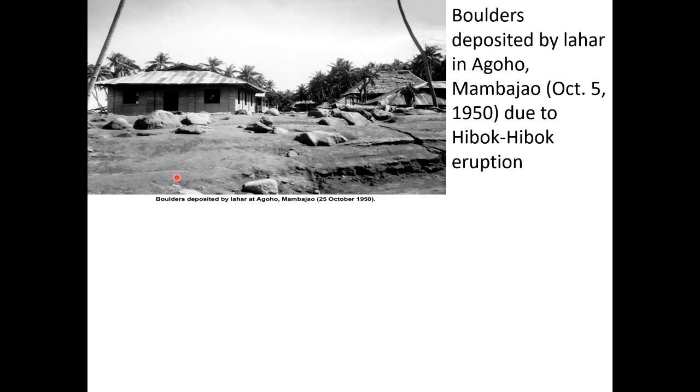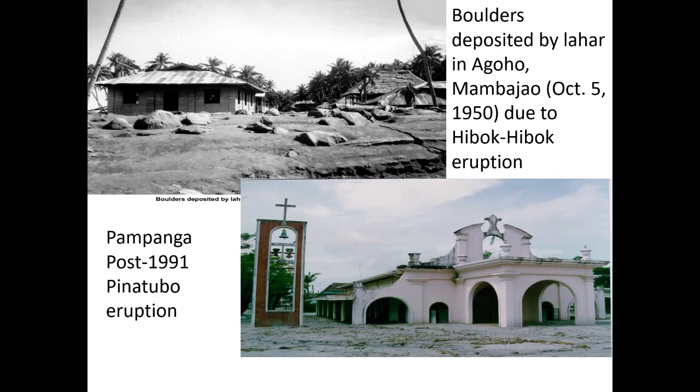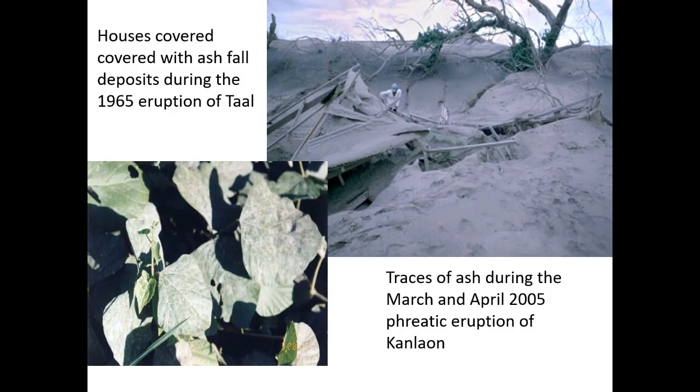That's 8 years ago. So we have many volcanoes here in the Philippines. We have Mount Hibok-Hibok, Mount Pinatubo, we have Taal, we have Canlaon, and so many other active volcanoes in the Philippines.